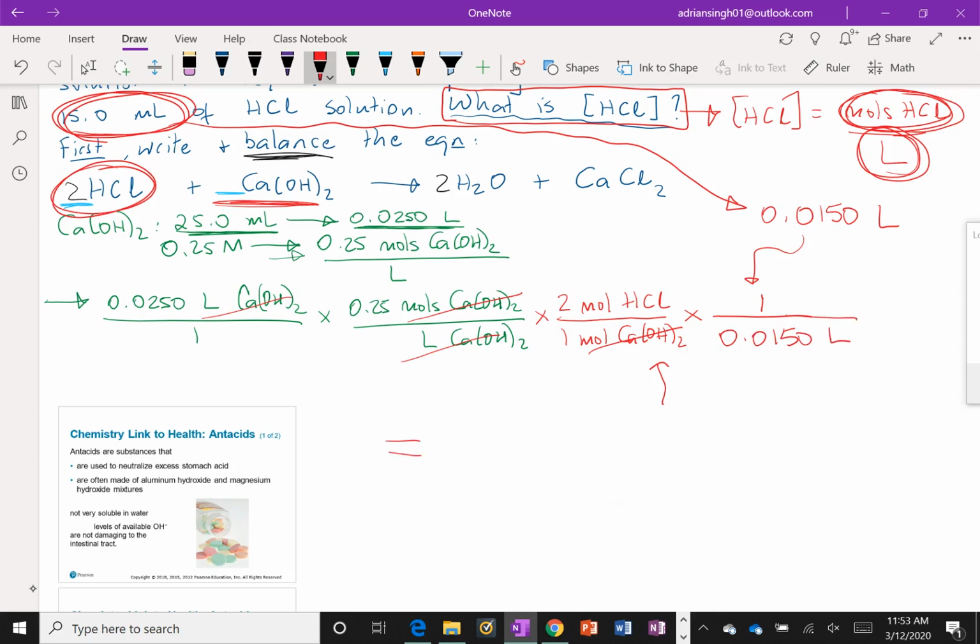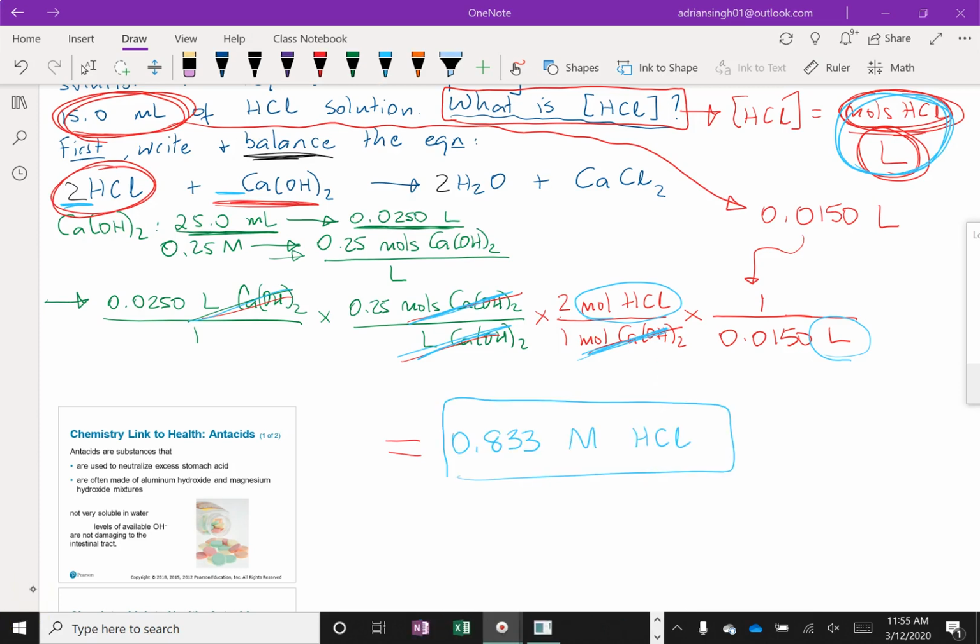So up to this point, we can see that all of our units cancel away. The liters of calcium hydroxide cancel as we use the volume and the concentration. Then the moles of calcium hydroxide cancel as we use the mole to mole ratio. And the only units that we end up with now are moles of HCl divided by liters, which is molarity. So all that's left to do would be to crunch our numbers using our calculator.